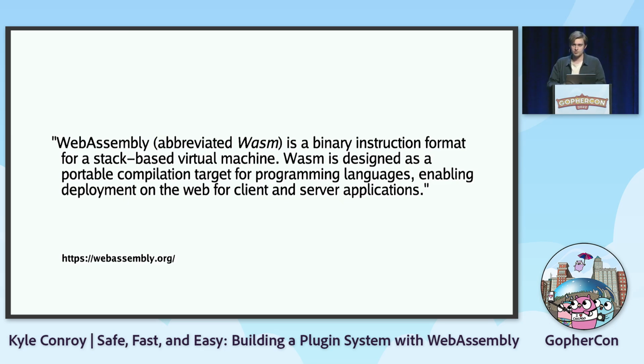So it can be like one of our other operating system architecture pairs that we use when we compile Go to different architectures. And the idea is that we can rely on compiler authors to target WebAssembly, and then us as programmers don't have to worry too much about it, as long as we have a runtime and a compiler that can output WASM.